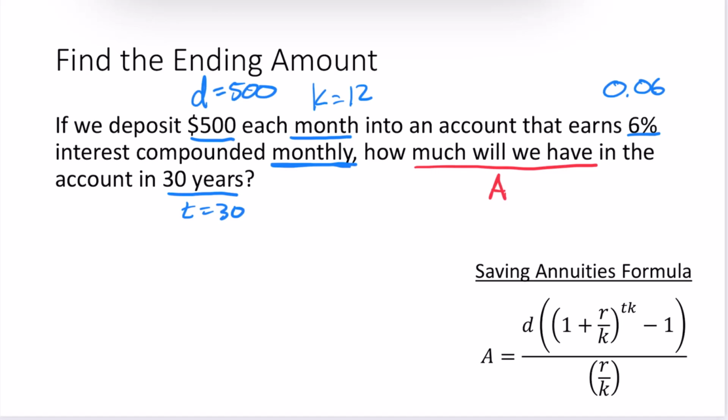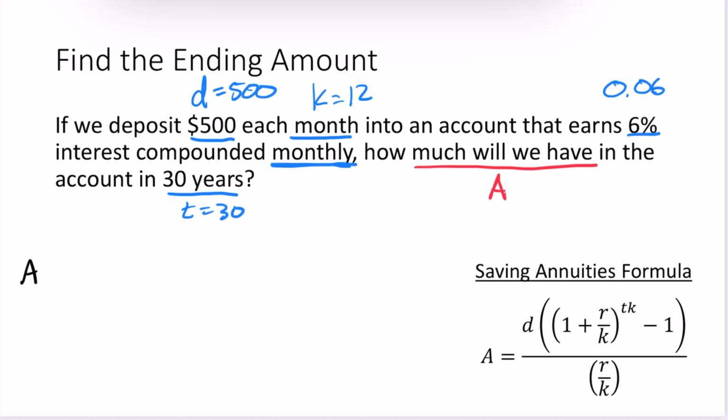So to find the amount of money that I'll have in my account at the end of the 30 years, I'm going to plug all of the numbers that they gave me into the savings annuities formula, because I'm consistently saving money and I want to figure out how much I'll end up with at the end.